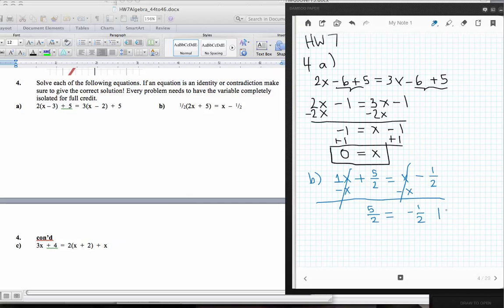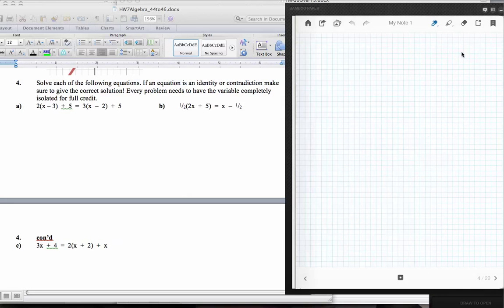And because this is a false statement, that tells me that I have no solution. That is not the solution. The solution is actually that there is no solution. This means that this is an equation that has no real numbers that will make it a true statement.